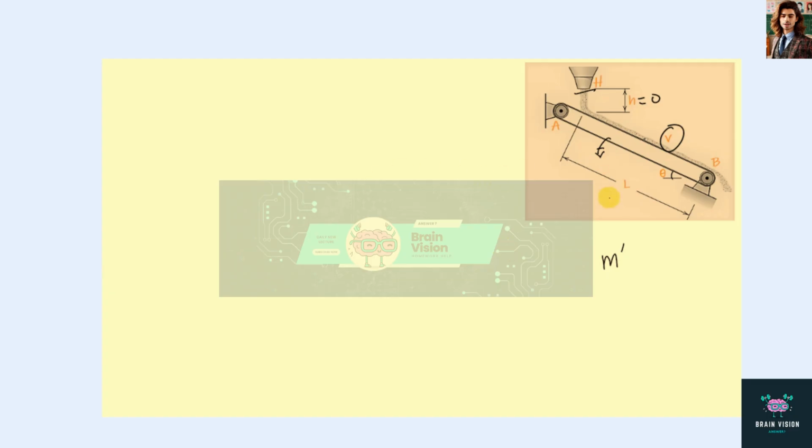Now to solve this problem we'll be using the variable mass approach, and let me first show the forces. So the mg force would be acting like this, and there is no other force because we have to neglect the friction. Now this m is the mass of this sand.